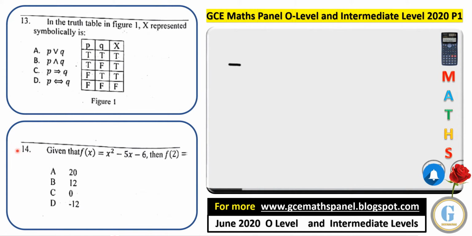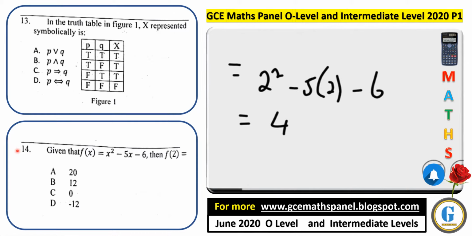So f of 2 will just be equal to 2 squared minus 5 times 2 minus 6, and this will give us 4 minus 10 minus 6. 4 minus 10 is minus 6, minus 6 minus 6 is minus 12, so minus 12. So our key here is D.